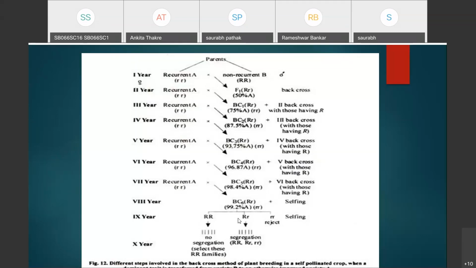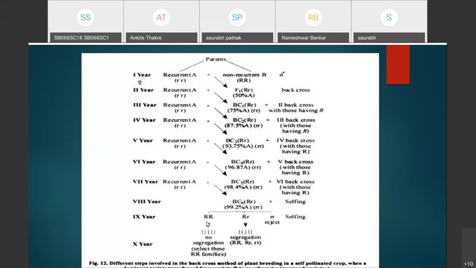Then after preliminary yield trials, this variety is released, and the seeds of this variety are multiplied and provided to the farmers for commercial cultivation. Here you can see the variety or progenies which are produced at the end.